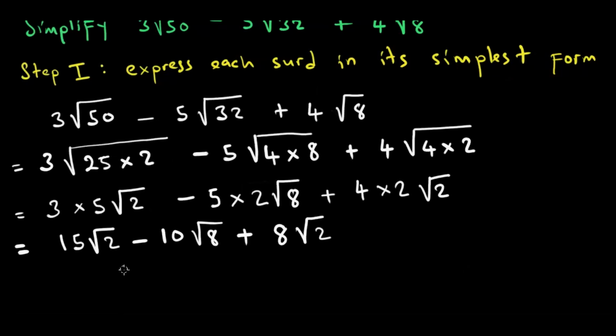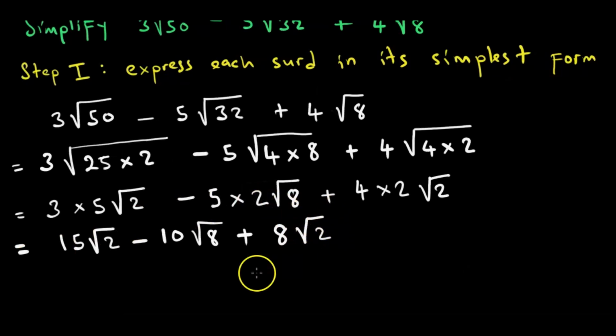So we cannot have two numbers which multiply to give 2, one of them being a perfect square. That is impossible. So this square root of 2 is in its simplest form possible.